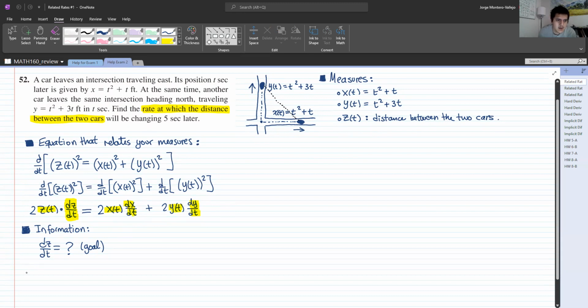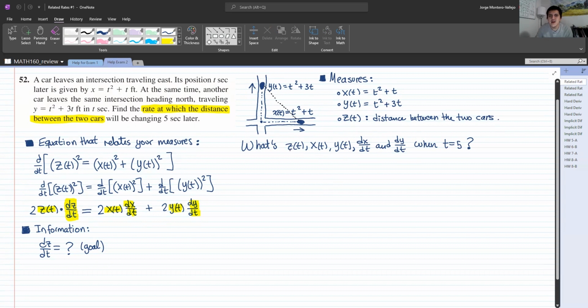So I'm going to write down here: what is z(t), x(t), y(t), dx/dt, and dy/dt when t is equal to 5, right?